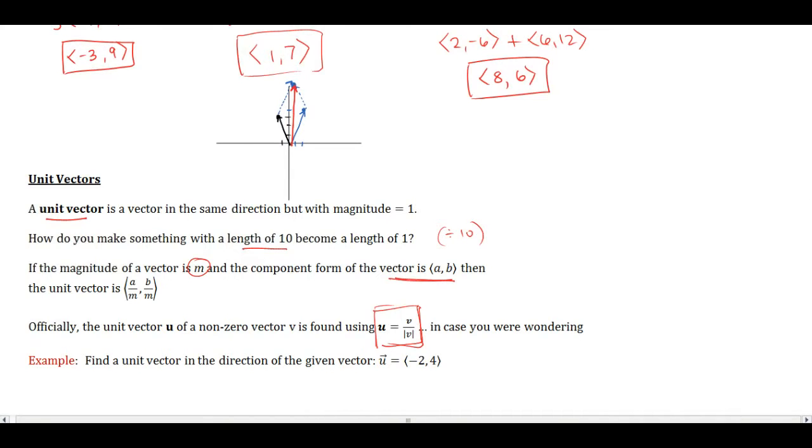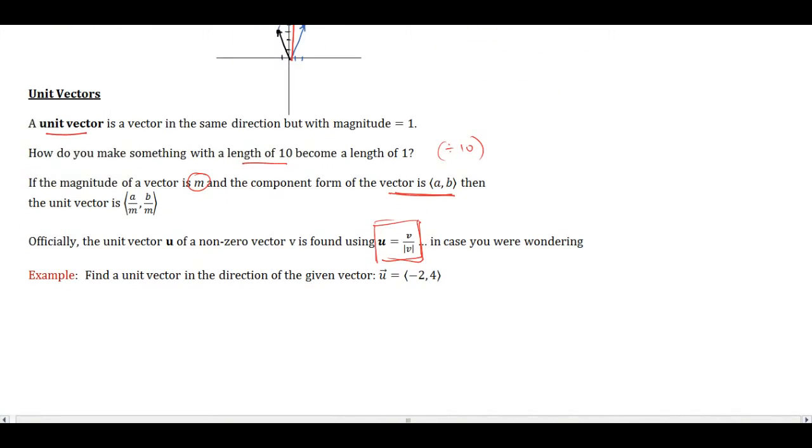So let me show you one of those, a unit vector. So I give you a vector. I want the unit vector in the same direction as negative 2, 4. So what do you need? You need the magnitude, right? So if I want to find the magnitude of u, then all I have to do is square root, is that negative 2 squared plus 4 squared? So 4 plus 16, is that root 20? And root 20, if we want to clean that up a little bit, is 2 root 5.